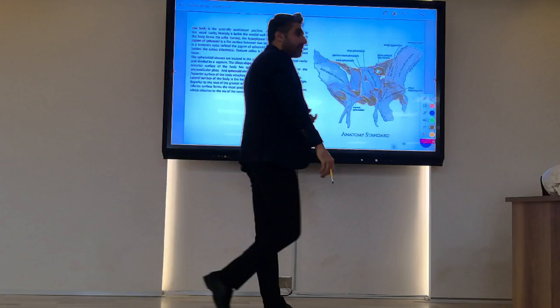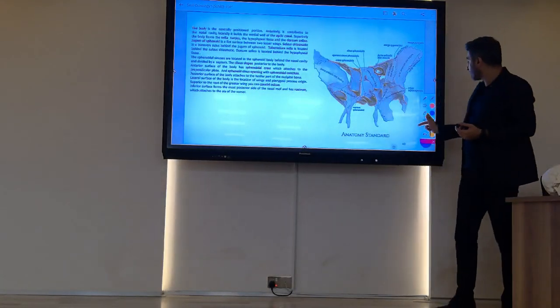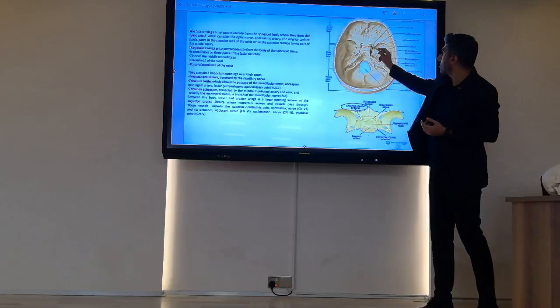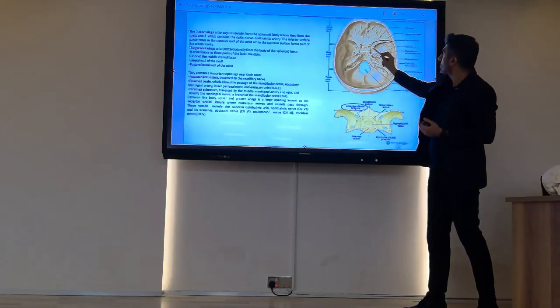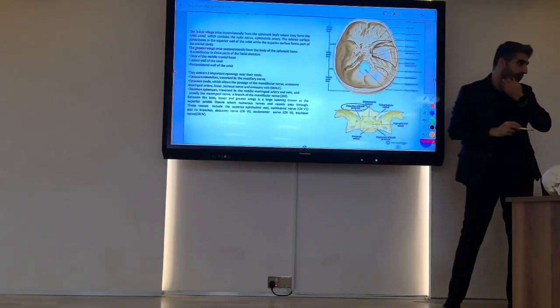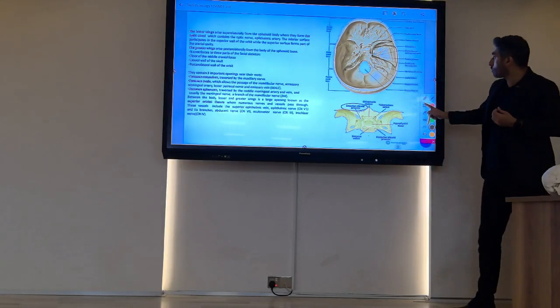One more point in the lateral side. You can see a groove again. So look at the lateral surface. Lesser wing starts, greater wing starts. You can see them from the superior view, and I can see a groove.